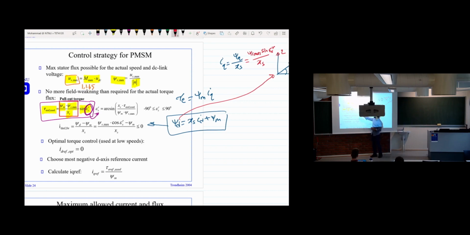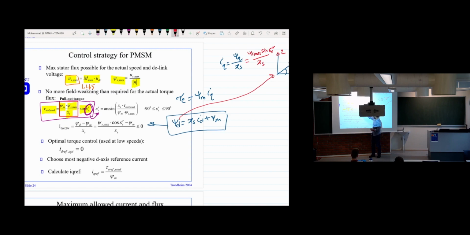So we got this angle from this equation, and we know psi max from here, and we know this value, that gives us Id ref. If it gives Id ref which is negative, then we will take it. If it's not negative, then we will put it to 0. If it gives negative, then we'll take this value in the controller as Id reference.